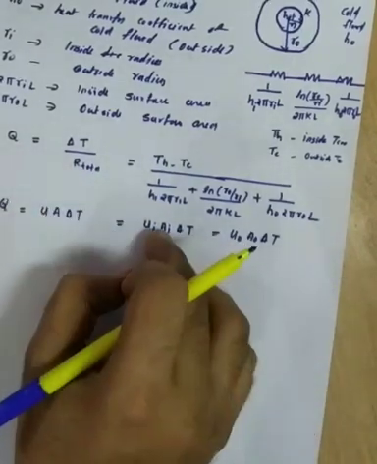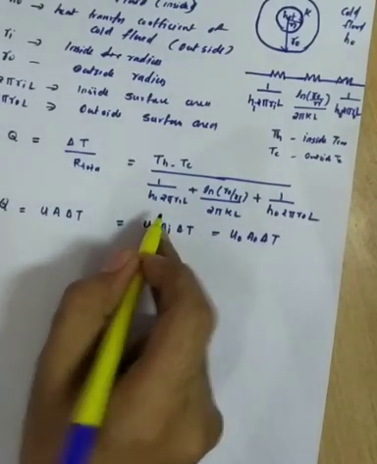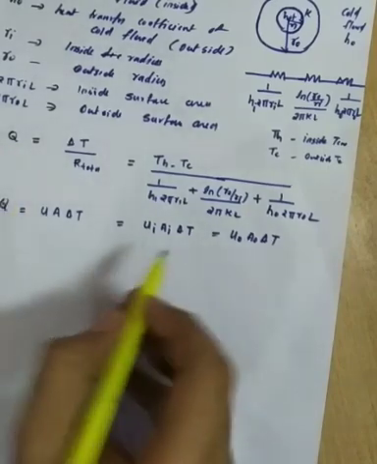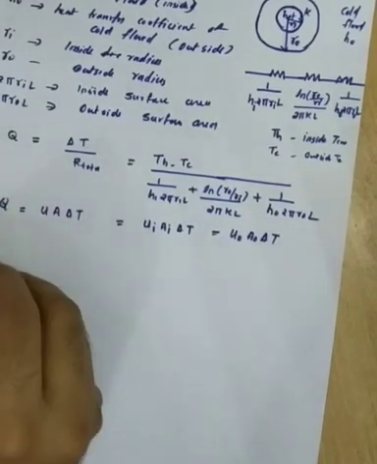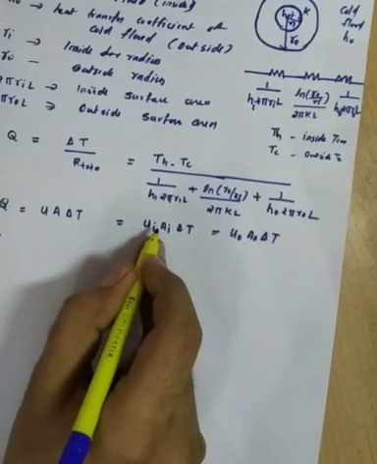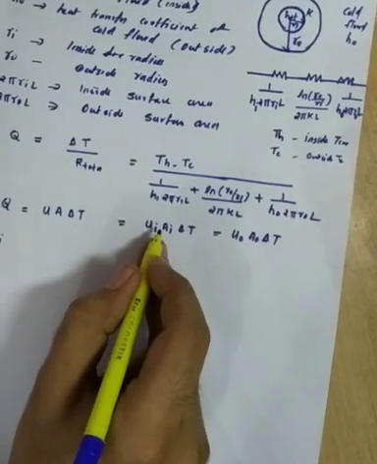So I am going to substitute each value here. First I am going to put Ui for this Q. So I am rewriting Q as Ui Ai, where Ai is the inner surface area.